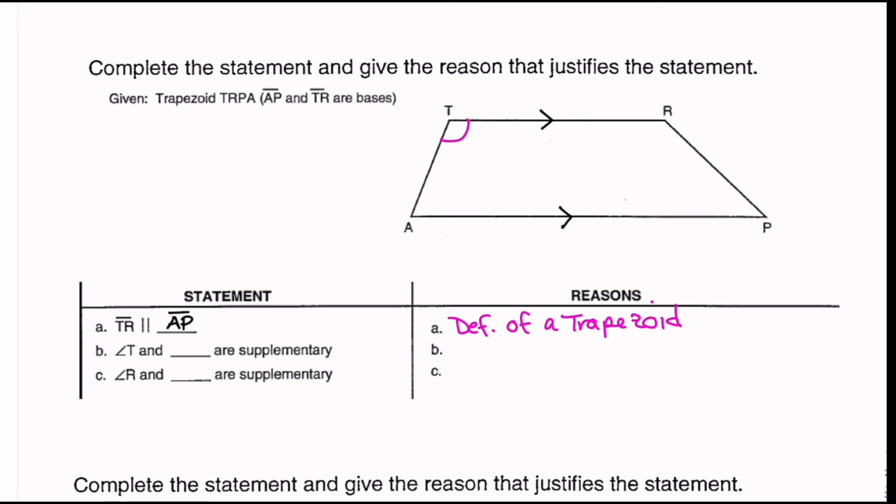Angle T will be supplementary to this bottom angle, so that's angle A. And angle R will be supplementary to angle P.